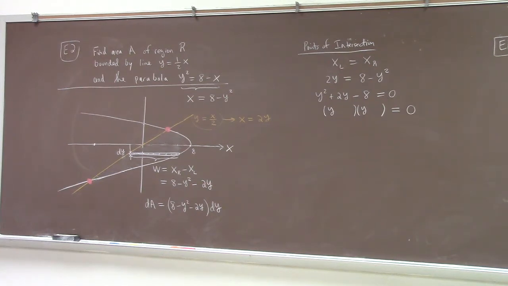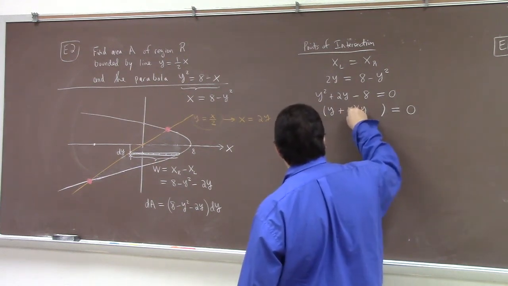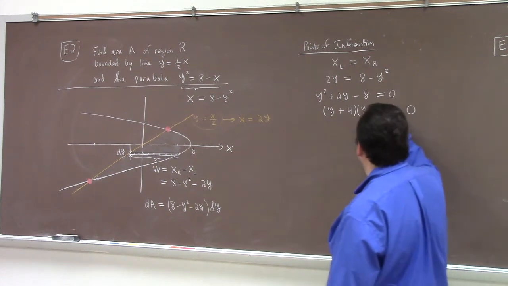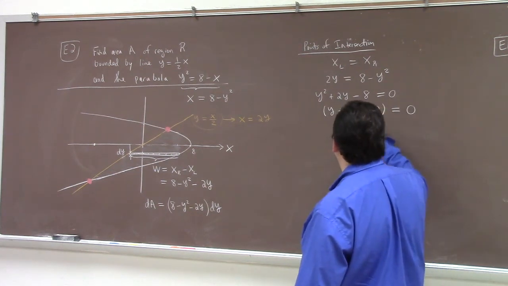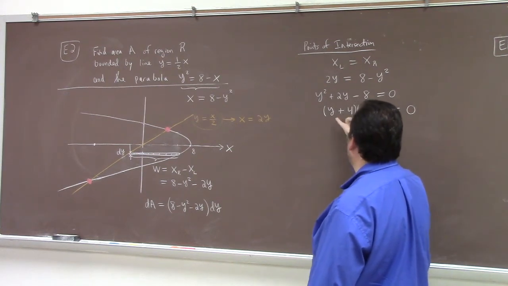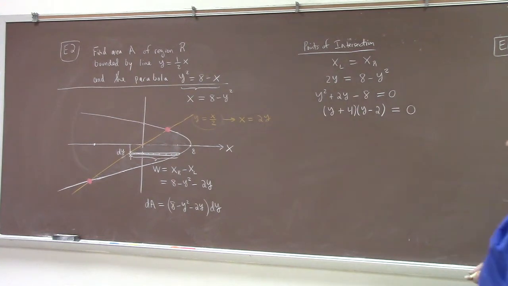PQ formula. But we can factor, though. So like plus 4, yeah? And then minus 2 over here, right? So 4 times minus 2 is minus 8. I get the plus 4, and I get the minus 2, which gives me 2. But yeah, you could use the quadratic formula to find that as well if you wanted to.